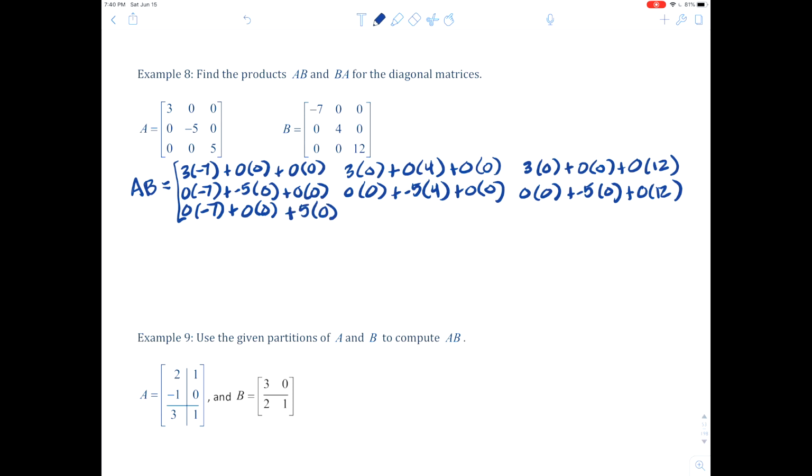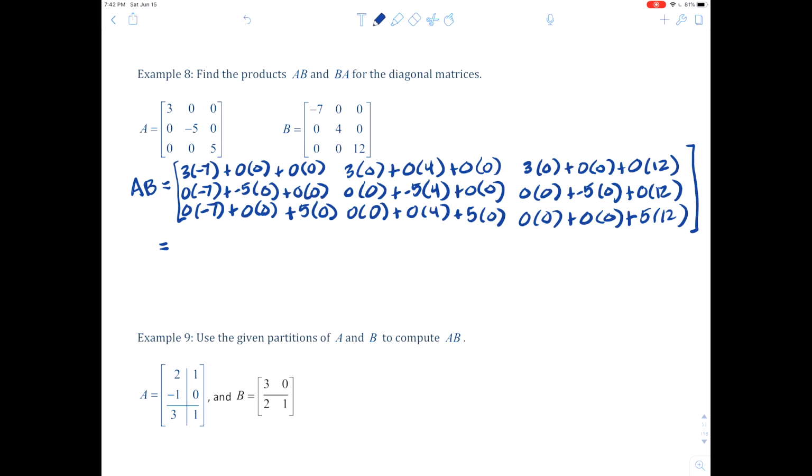And then we'll have 0 times 0 plus 0 times 4 plus 5 times 0, and then 0 times 0 plus 0 times 0 plus 5 times 12.